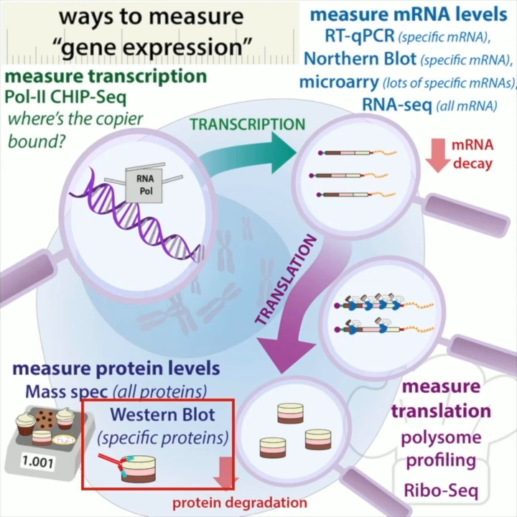So you make the protein, but the protein can also get degraded. So if you want to look at how much of the actual protein is there, you can use methods like mass spec, mass spectrometry, which basically breaks the protein up into a bunch of different pieces, and then analyzes the mass to charge ratio of those pieces.